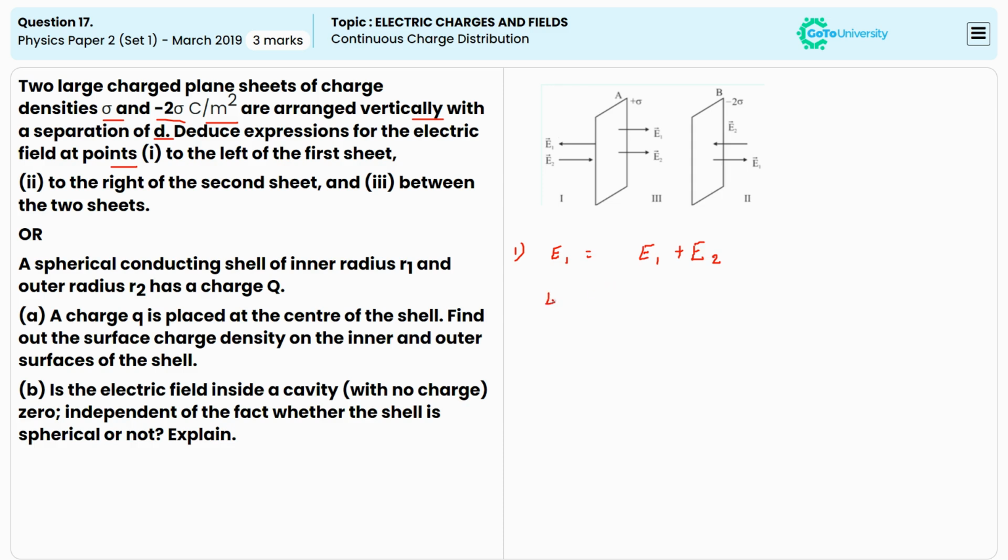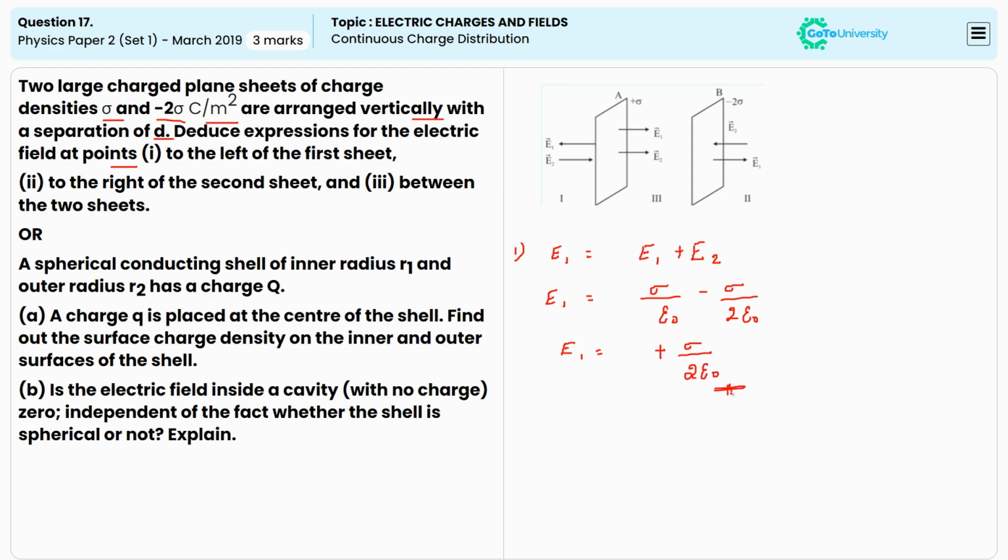Then E1 is equal to sigma divided by epsilon naught minus sigma divided by 2 epsilon naught. And E1 is equal to plus sigma divided by 2 epsilon naught.